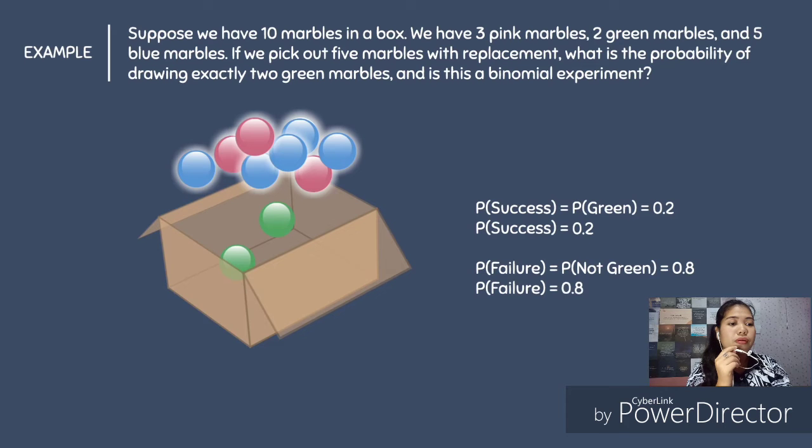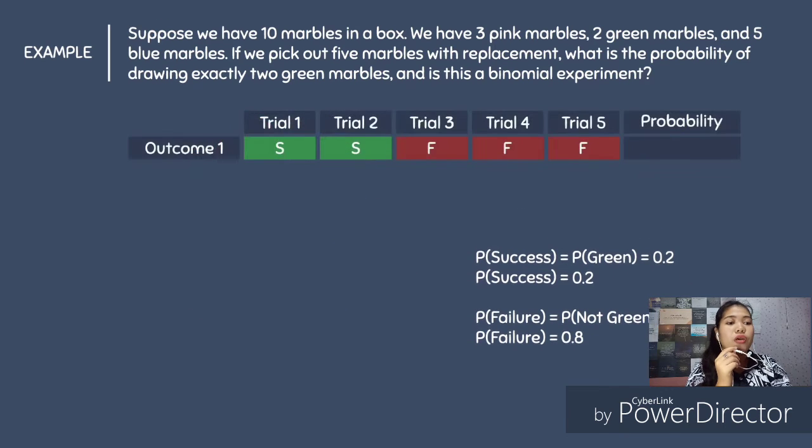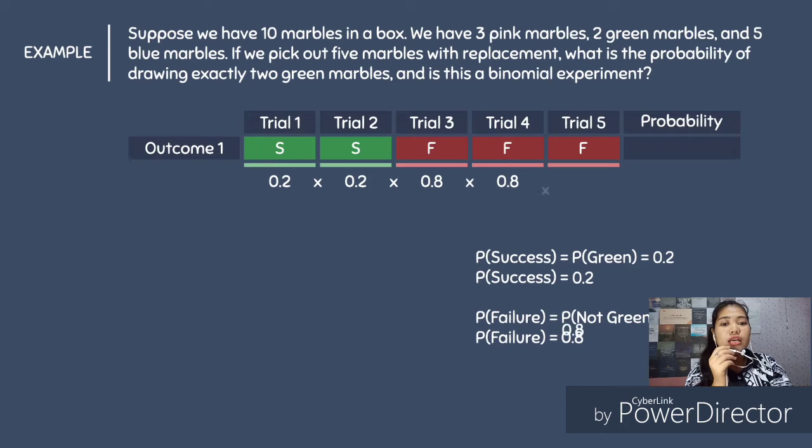Let's calculate the probability of the first outcome. We have 2 successes followed by 3 failures. So we will have 0.2 times 0.2 times 0.8 times 0.8 times 0.8, which gives us an answer of 0.02048.